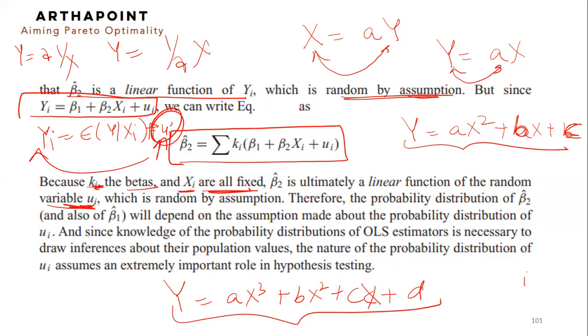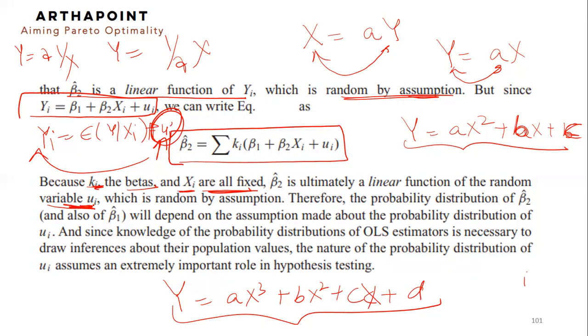Now, be very sure of what we are doing here. A lot of students get confused that, when you just started this lecture, you told us that betas are not fixed, they're random. That is why you're finding the probability distributions. And now you're telling us that these betas are fixed.